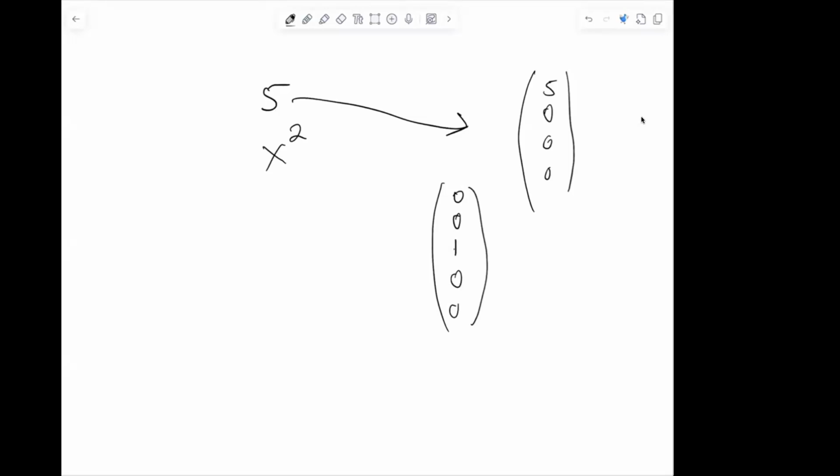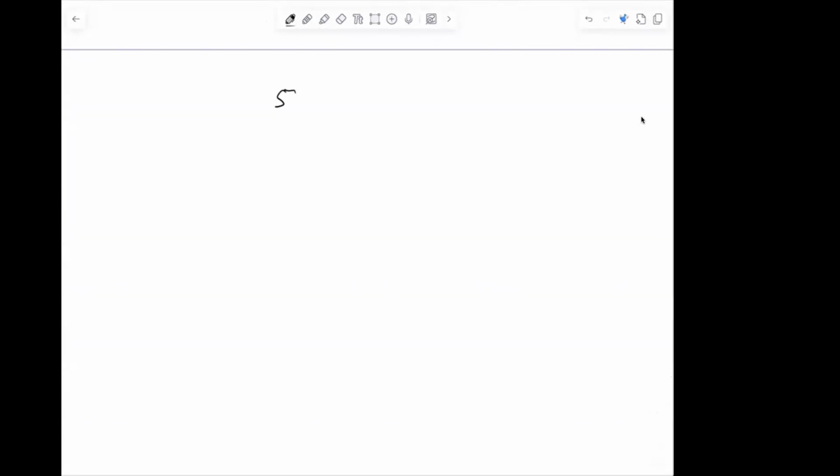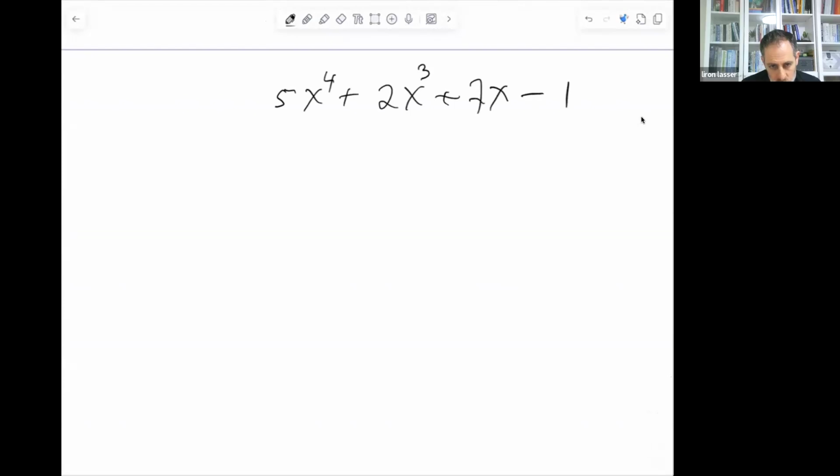And lastly, help me with this one. 5x to the fourth plus 2x squared plus 7x minus 1. Minus 1, 7, 0, 2, 5.